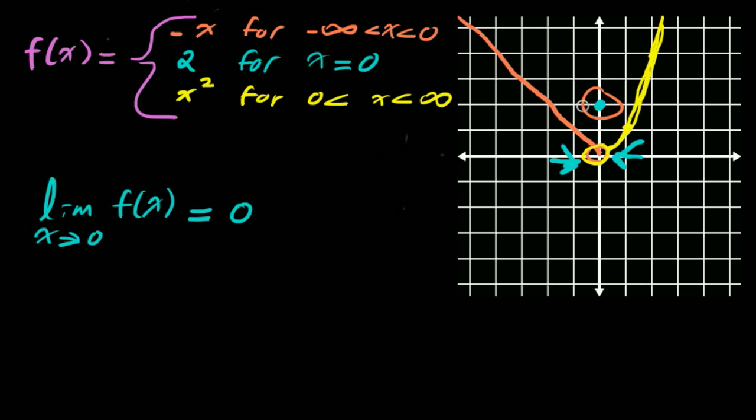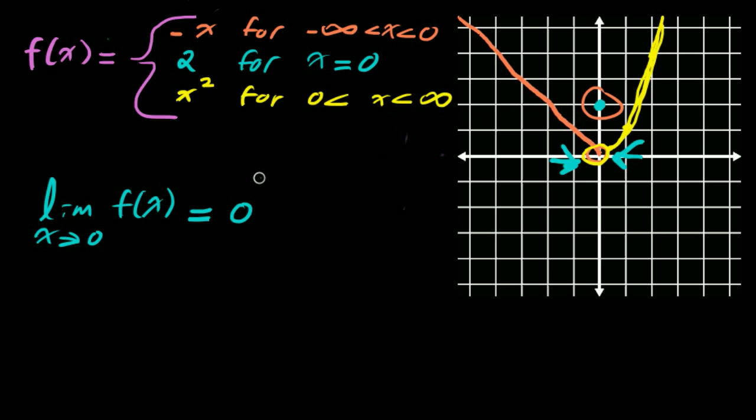I said at the beginning that I don't know exactly how many functions are going to be defined this way, where you have one function for one set of values and another for another set of values, outside of the limit section of your calculus textbook.